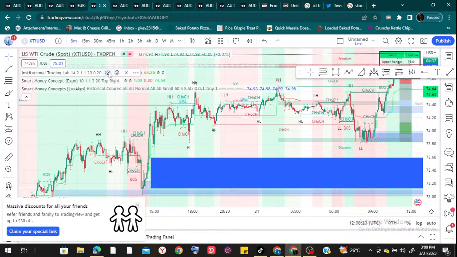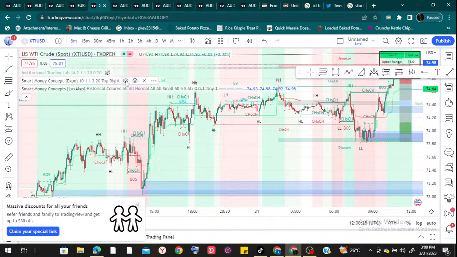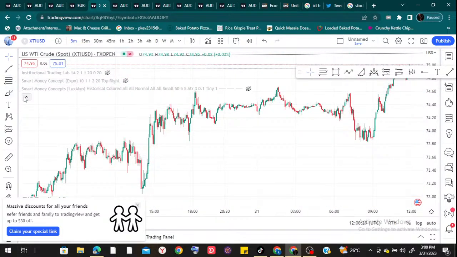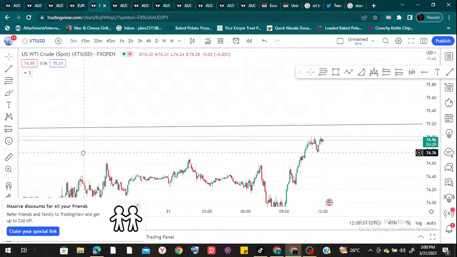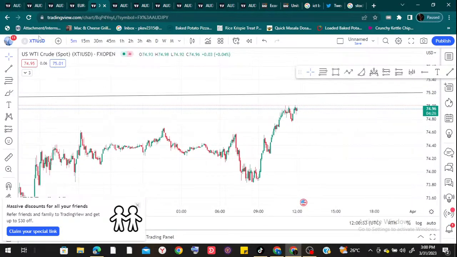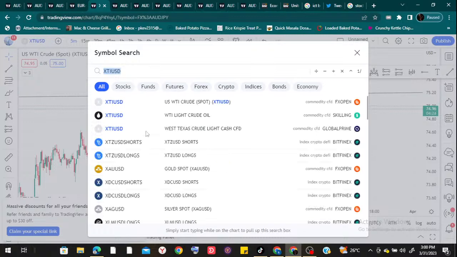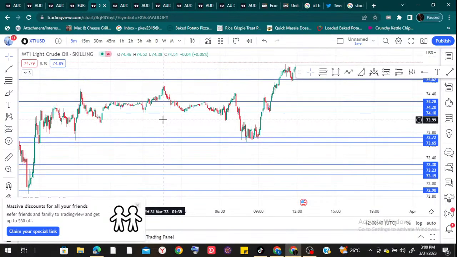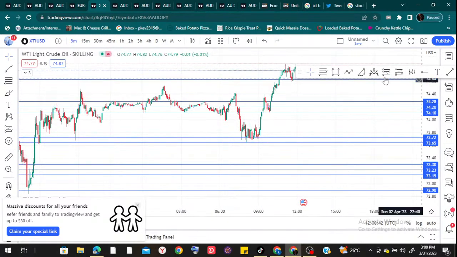So I'm just going to use the one that I've actually drawn some of the zones on. Yeah, so this is what I was telling you guys.